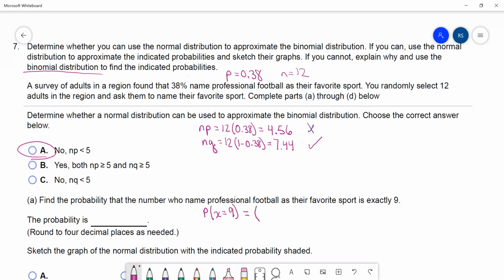Remember, we sampled 12, so we're going to have to do 12 choose 9, times our P, which is 0.38, to the 9th power, times 1 minus P, which is 0.62, to the 3rd power. So in the calculator here, this, remember, is going to be 12 nCr 9.